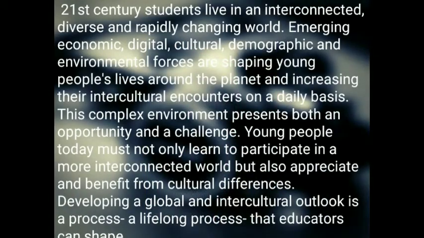21st century students live in an interconnected, diverse, and rapidly changing world. Emerging economic, digital, cultural, demographic, and environmental forces are shaping young people's lives around the planet and increasing their intercultural encounters on a daily basis. This complex environment presents both an opportunity and a challenge.